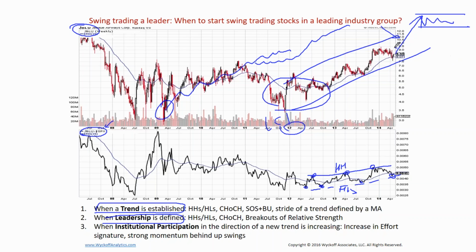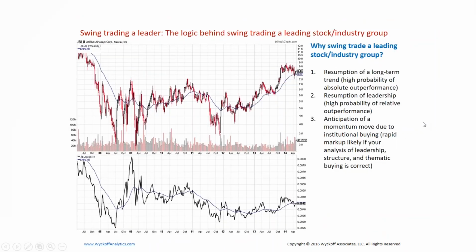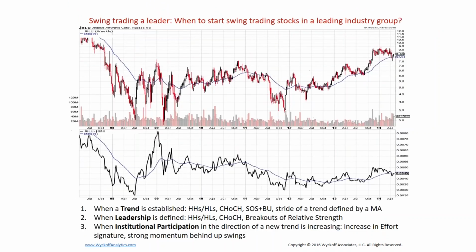And therefore, this becomes a very opportune place and time for us to consider opening a position in the stock that is in the leading group but not necessarily outperforming at this particular time. So these are definitional suggestions, ideas as to why we would be looking at the stocks in the leading group and how we would be looking at those stocks, where specifically we would be looking for position entry.